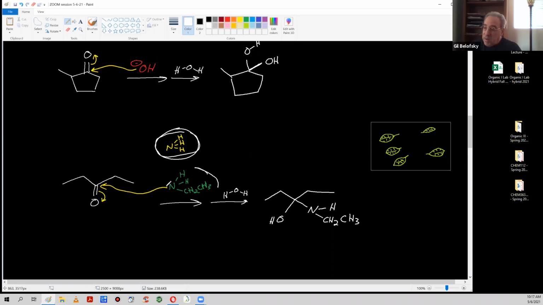But if you realize that it's basically the same kind of structure with electrons that can form a bond, in other words, an amine nucleophile, then you can easily see that this is going to occur in the exact same way as it did with this. So we've got things that we can vary on both ends. We can vary these groups, and we can vary things attached to the nitrogen.